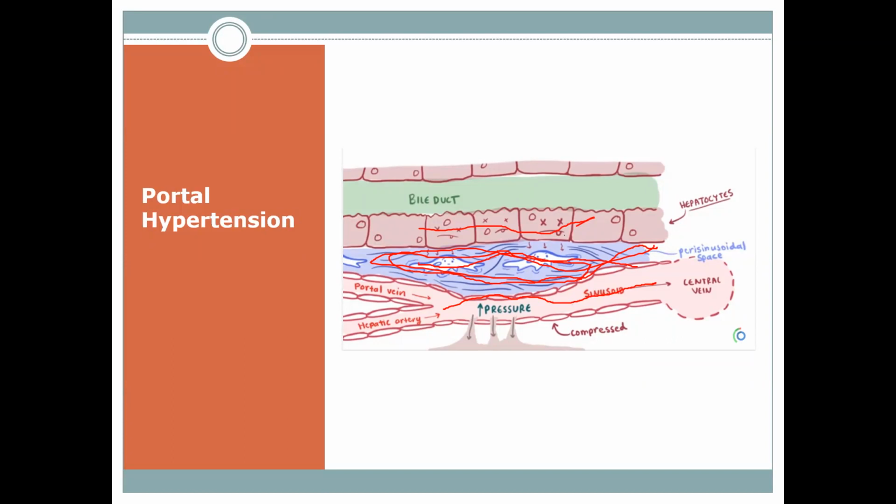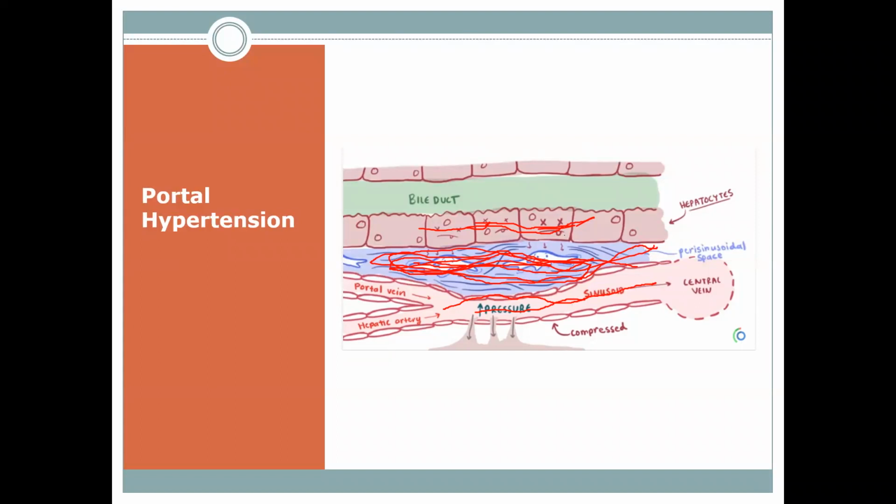Instead of an interrupted layer, it will become a continuous layer of these two types of collagen. The end result is the obstruction of those hepatocytes from gaining access to the blood of the hepatic sinusoids, and these hepatocytes are going to die. That's the first thing that will happen as a result of cirrhosis.